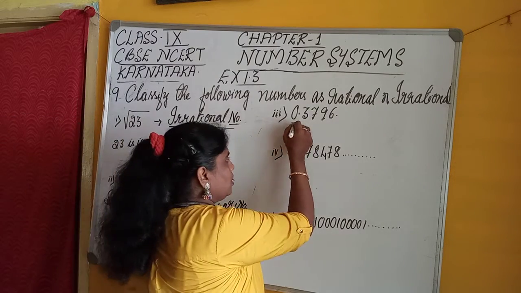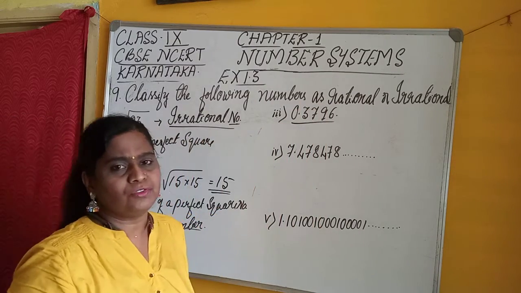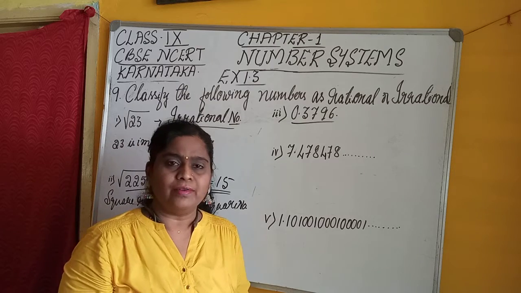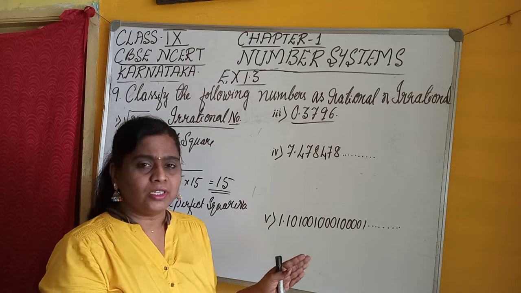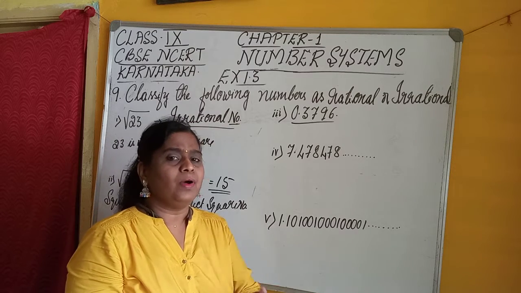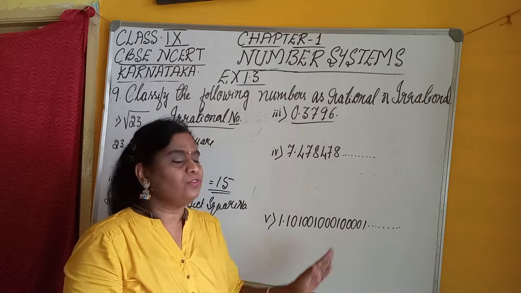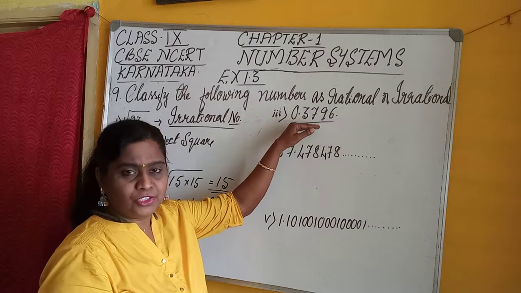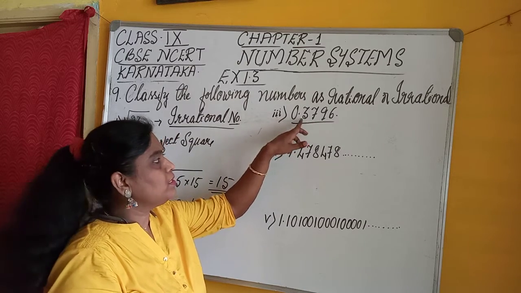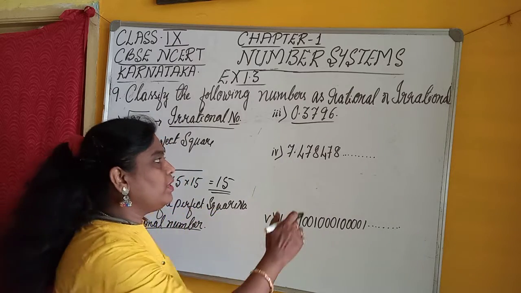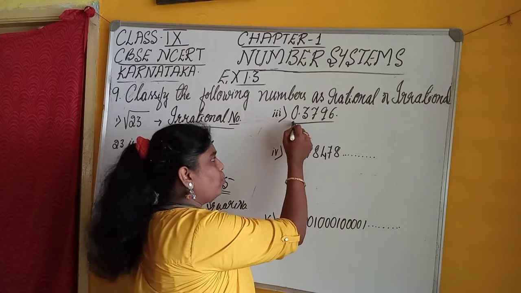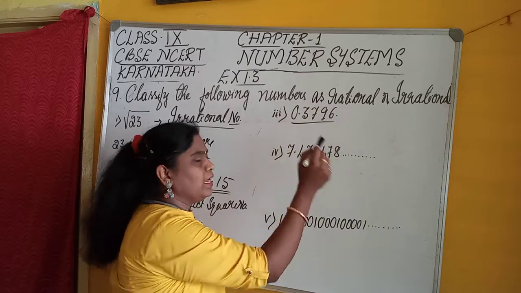Here, it is in the decimal expansion form. We have to identify whether these numbers are rational or irrational by the knowledge of the decimal expansion. Which type of decimal expansion is this? What we came to know is that it is 0.3796.